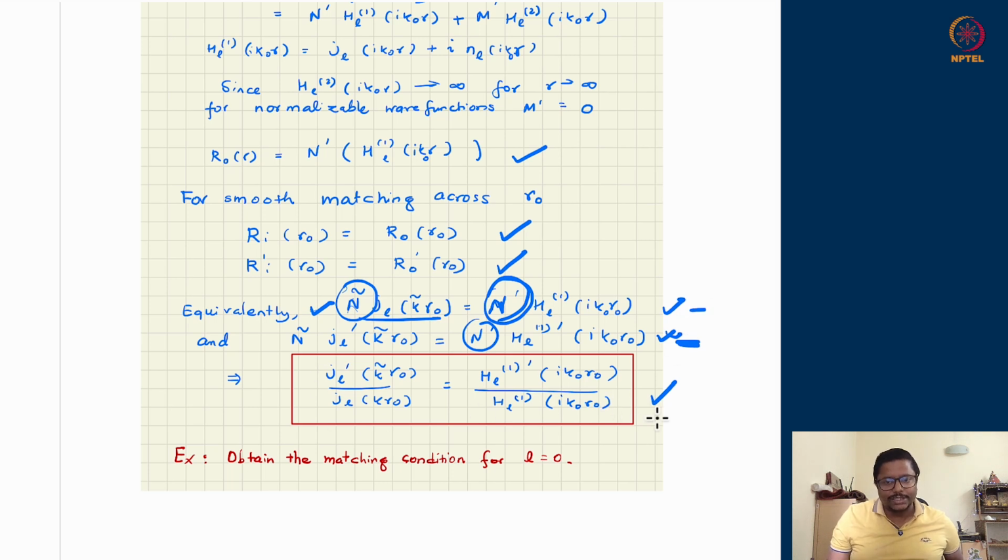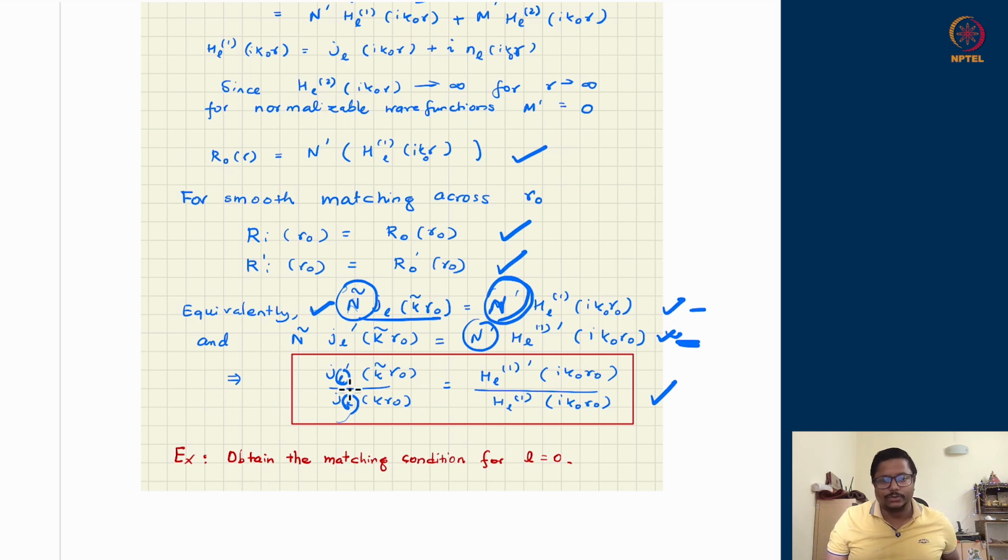So this is the matching condition which is required. JL primed at the location of matching divided by JL at the location of matching should match HL primed divided by HL at the location of matching. And this will give me, for different L's, different matching conditions, so that you can smoothly write down a wave function.